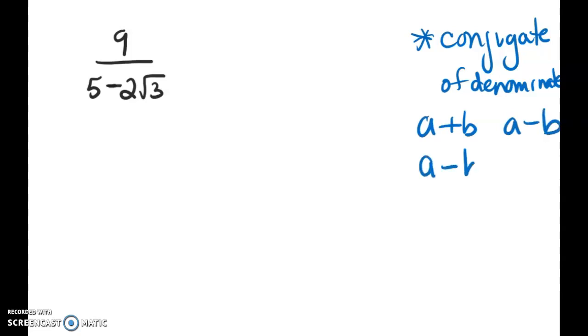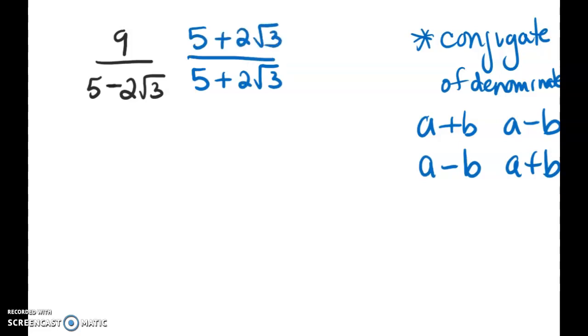And if you have a minus b, its conjugate is a plus b. So in this case, the conjugate of the denominator would be 5 plus 2 square root 3. And so I multiply both the top and the bottom by the conjugate of the denominator. And let's see what happens.